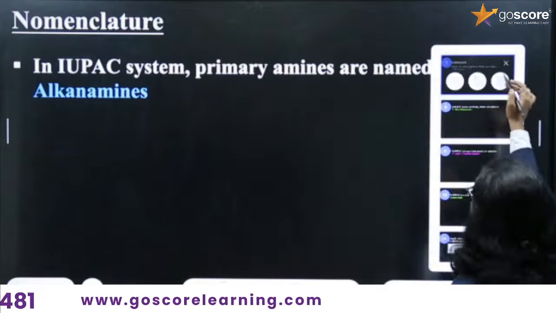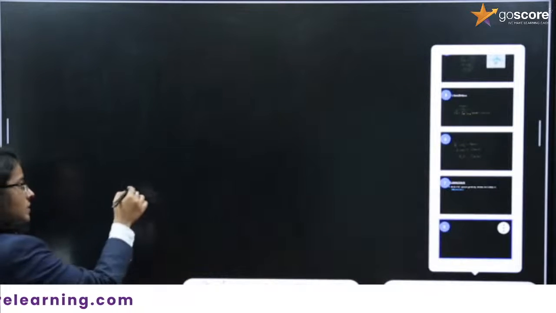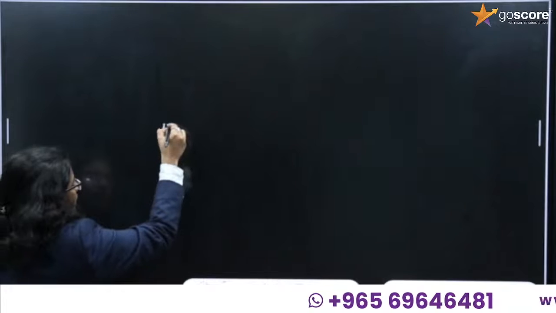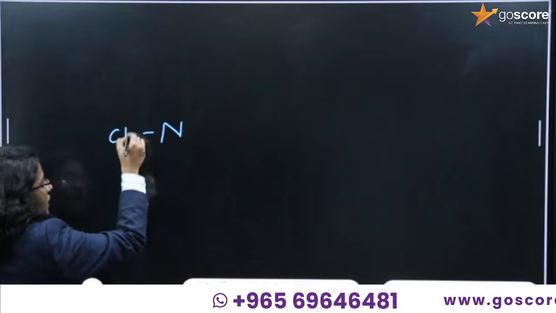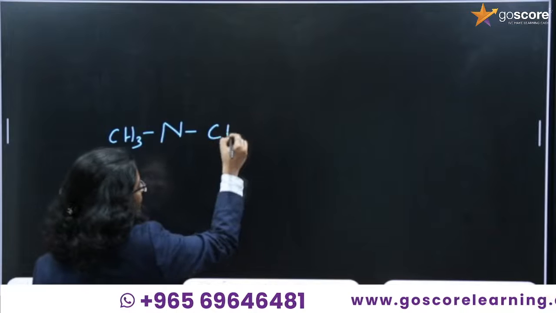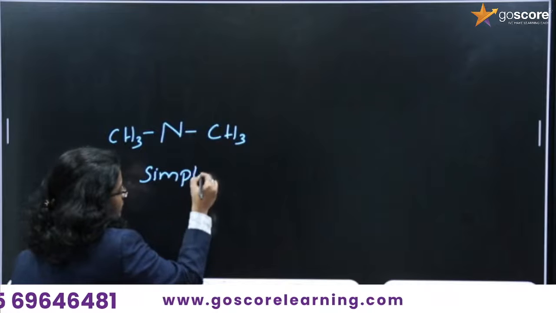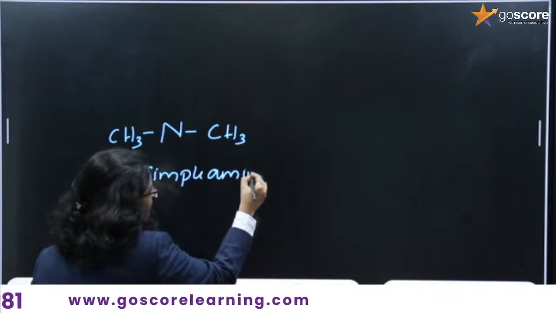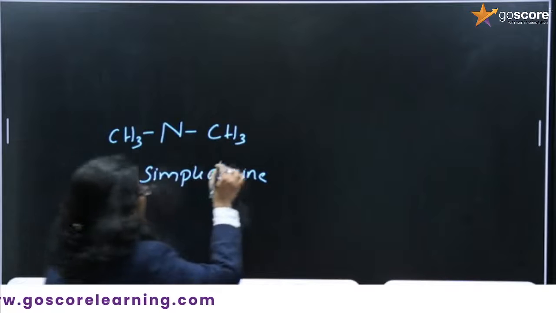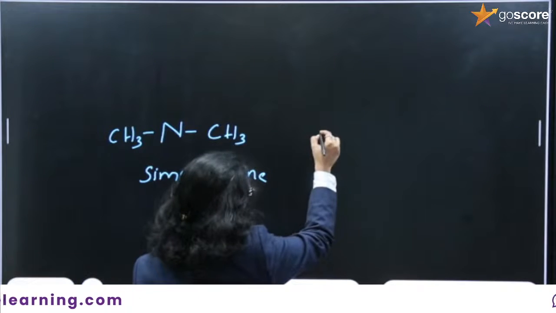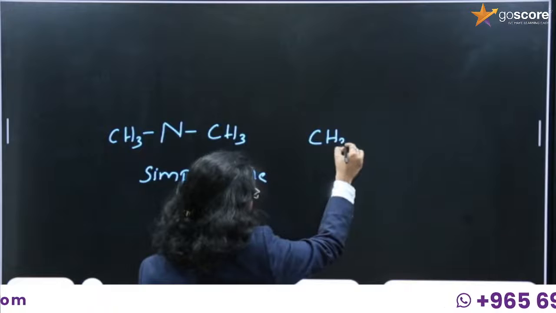The next method of classification is simple amine or mixed amine. What do you mean by simple amine? Here the R group, this alkyl group, is the same on either side. You can call it a simple amine. Suppose the groups attached to the nitrogen are different, it will be a mixed amine.